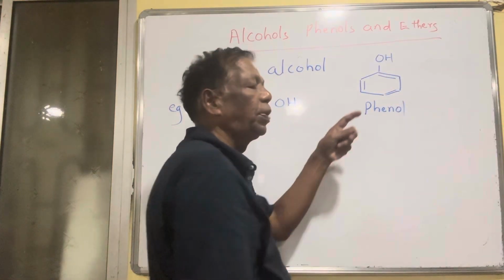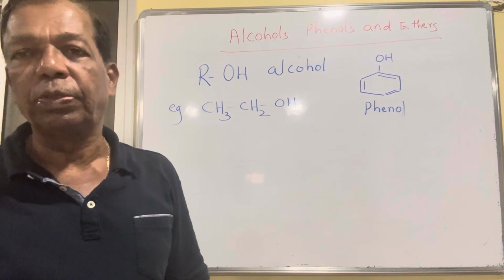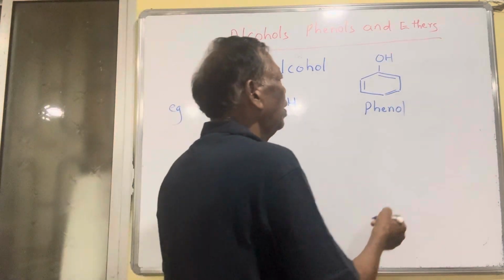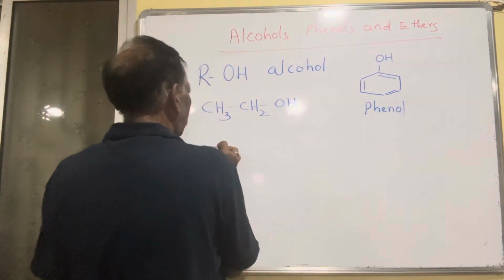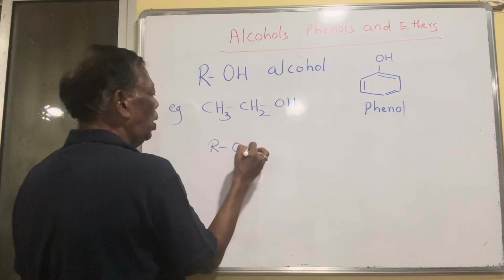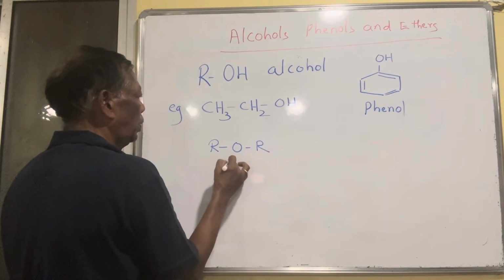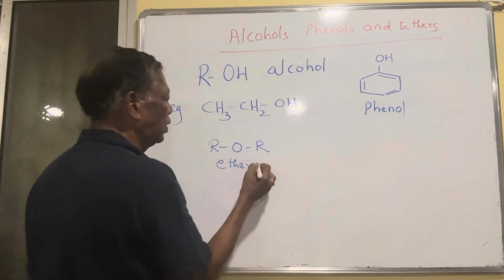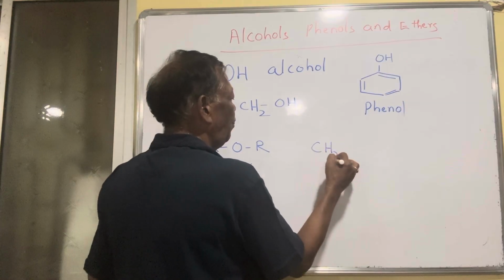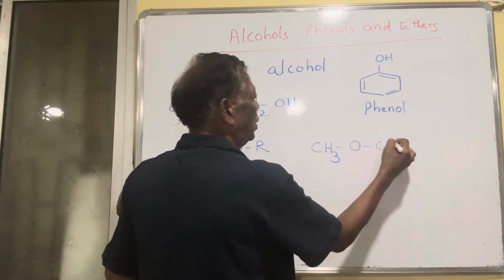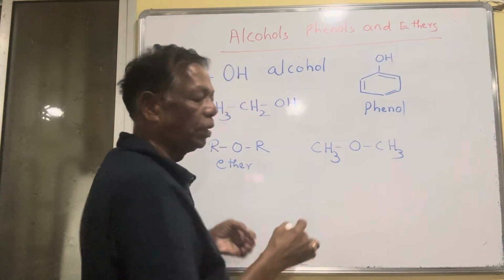Of course, OH group here can be 1, OH group can be 2, etc. And what is called ether? ROR. So these are known as ethers. So CH3OCH3 is known as ether.